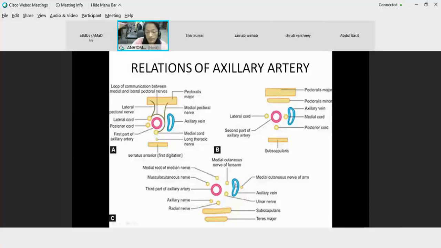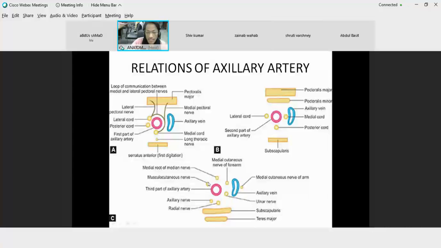Okay, medially we have again the axillary vein, medial cutaneous nerve of forearm, and ulnar nerve. These nerves are again arising from the brachial plexus. Medial cutaneous nerve of forearm, ulnar nerve, and axillary vein, medial relation.